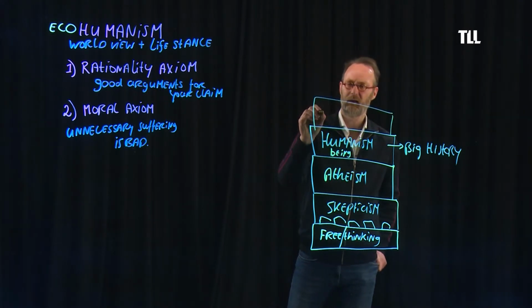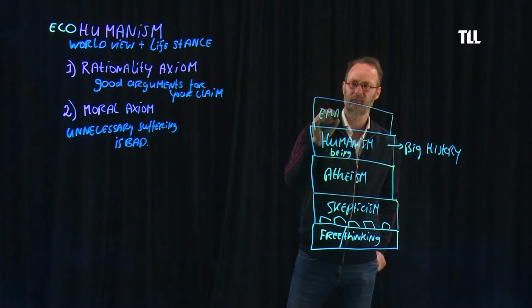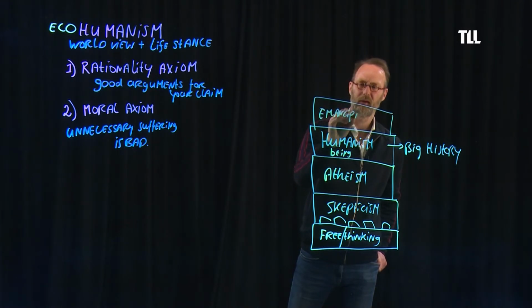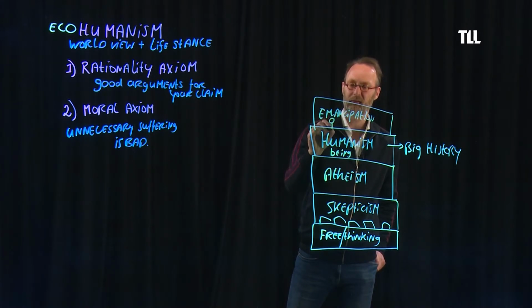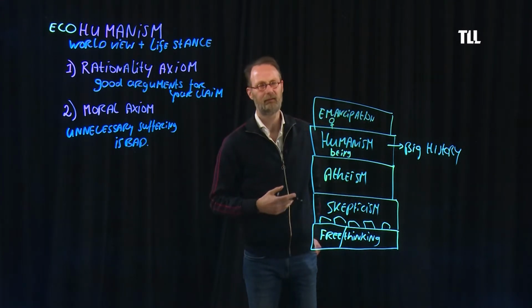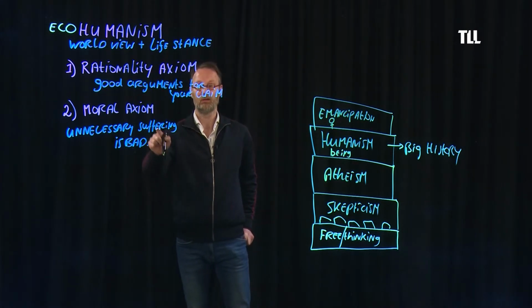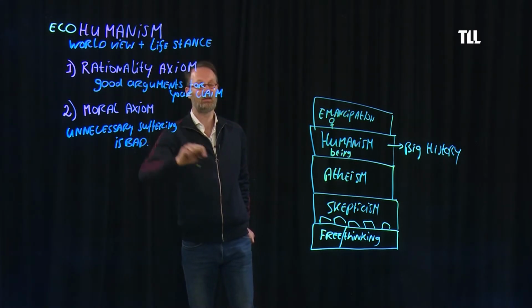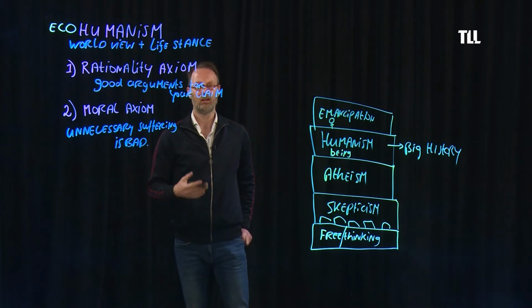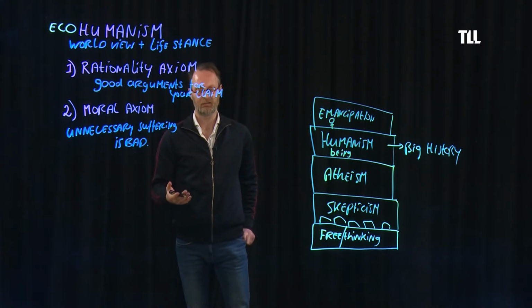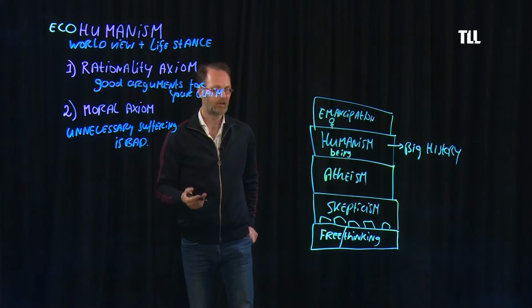Again, then emancipation, especially emancipation of women and of the LGBTQ community. It's all part of this, and that has to do with unnecessary suffering being bad. We should not have other beings suffer unnecessarily.